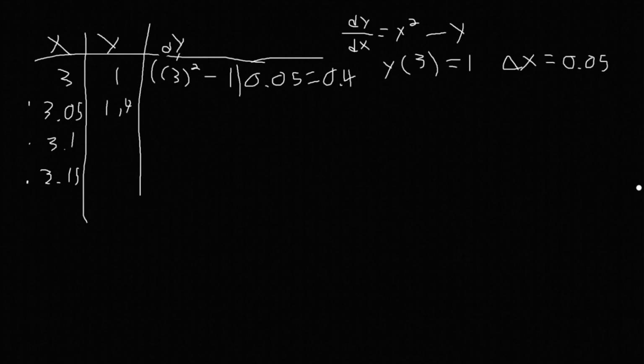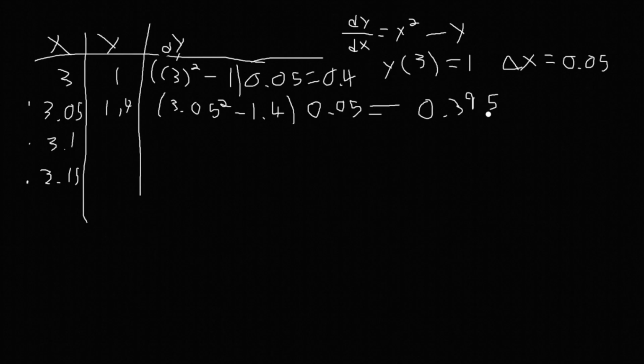And then we are going to do this exact same thing again. We're going to say 3.05 squared, because this is our x squared term, minus our y, which is 1.4, and then we multiply all of this by 0.05, which is about 0.39395.